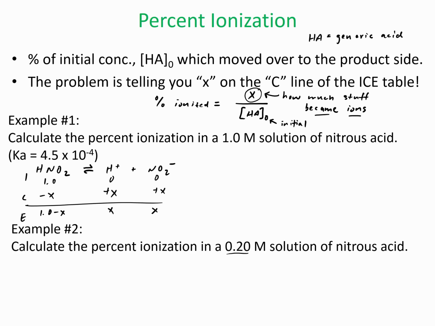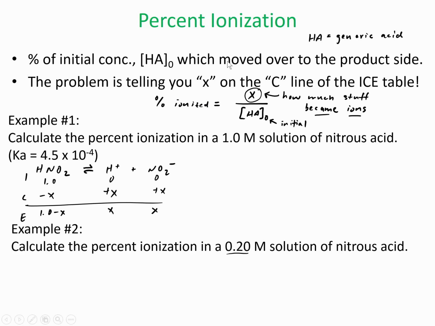For the percent ionized, I just need to figure out what X is, so how much of this went over here. Then I divide by the initial amount, and that will give me the fraction that went over there. And then I just multiply by 100 to get the percentage that became ionized.